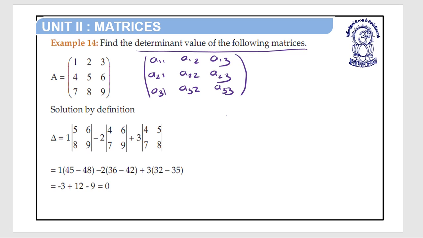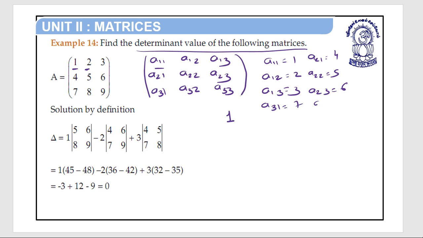So A11 is 1, A12 is 2, A13 is 3, A21 is 4, A22 is 5, A23 is 6, A31 is 7, A32 is 8, A33 is 9.